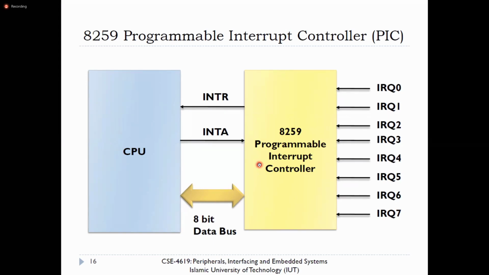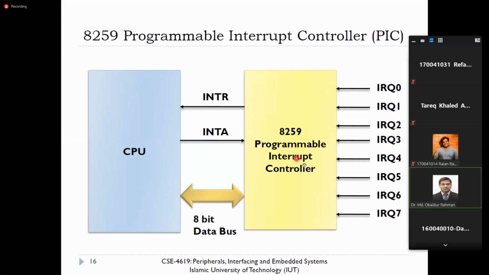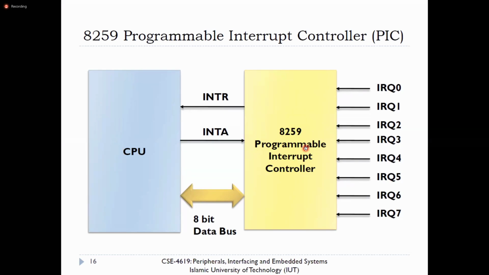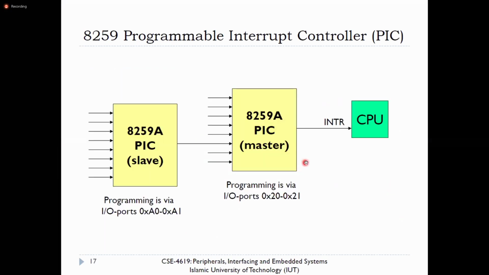But you can use more than 8 inputs using a multi-level use of the 8259 interrupt controller, as I showed you in my earlier class, using the master-slave concept, with one 8259 at the master level and 8259s at the slave level.